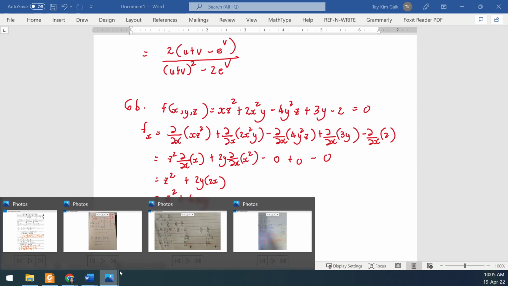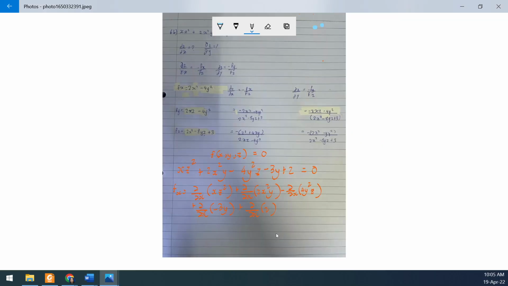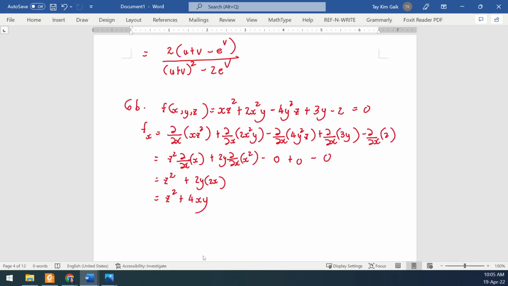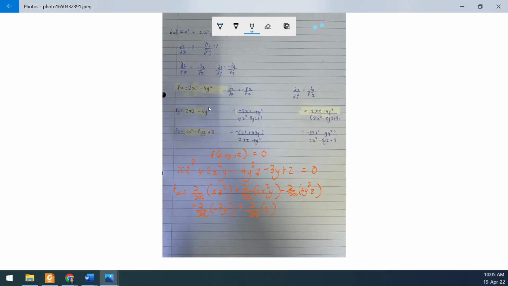Okay, let's look at your one. This one, 2x squared minus 4y squared. The correct answer is z squared plus 4xy, so it's wrong. How did you get 2x squared?